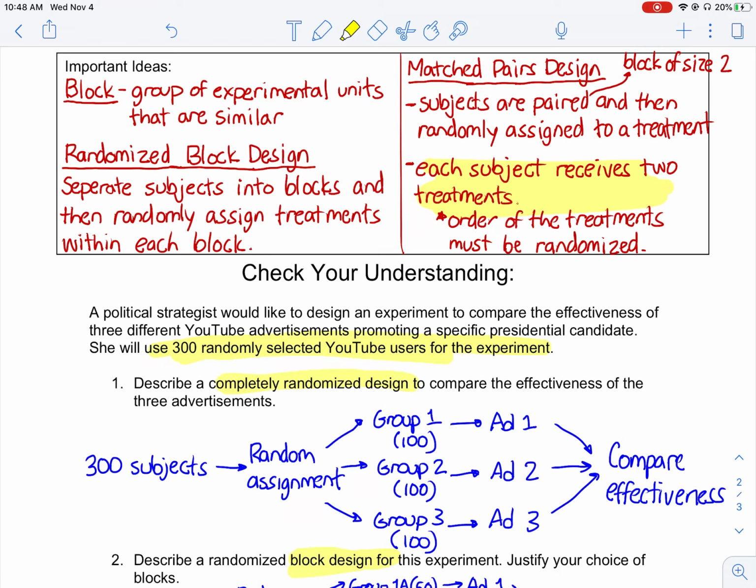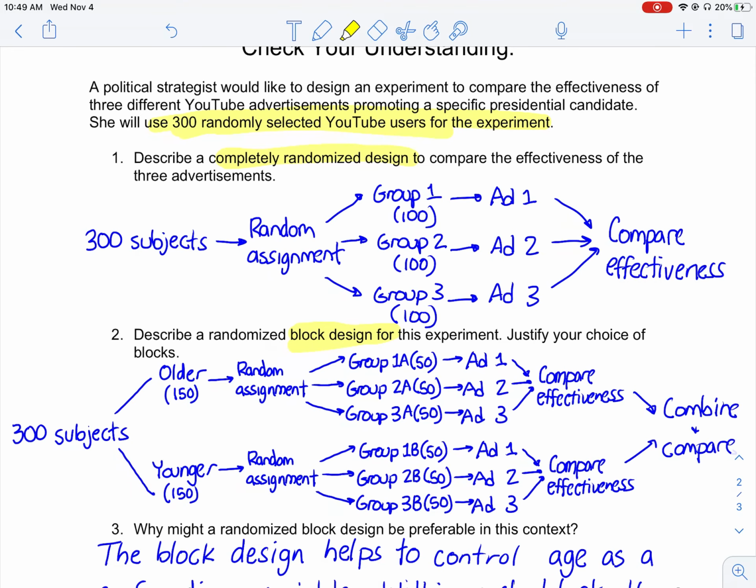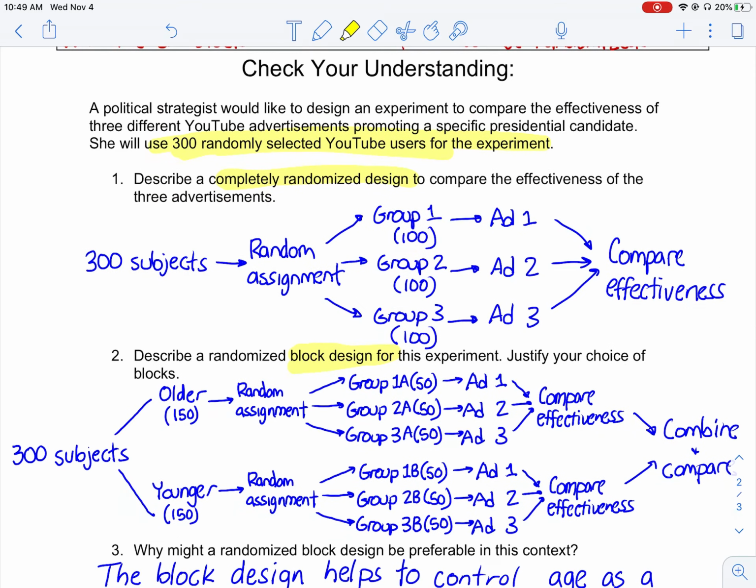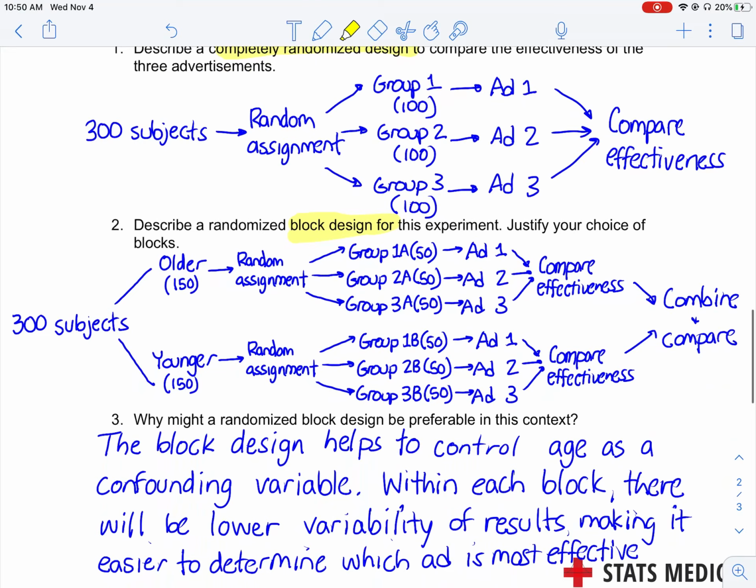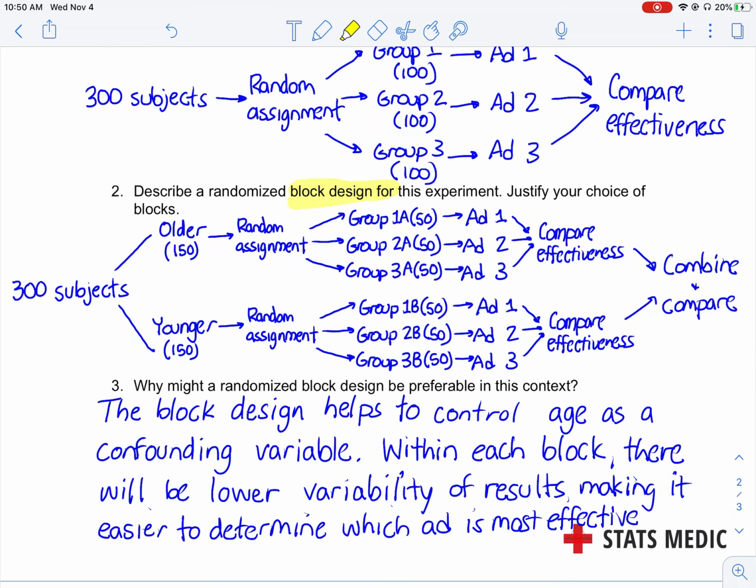Okay, why might a randomized block design be preferable in this context? Technically, that's what it's asking: why is number two better than number one? Why is it important that we group these people from older generation to younger generation? The block design helps us control age as a confounding variable.